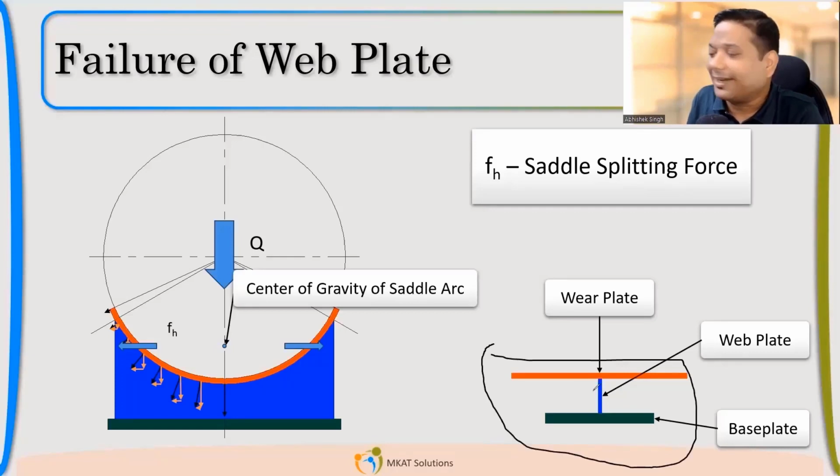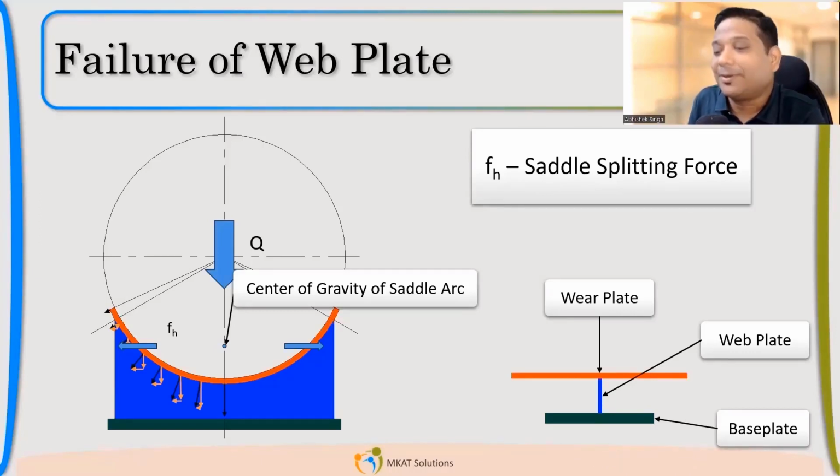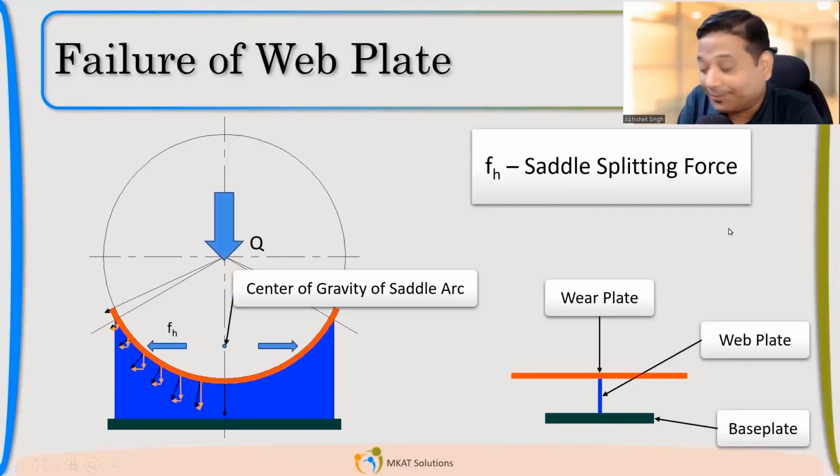This area I need to calculate, which is simple, right? We can calculate this area very easily. So the only problem will be to calculate the splitting force, which we'll see how to calculate. Once we do that, we will be able to calculate the tensile stress because of this splitting force. Good to go.